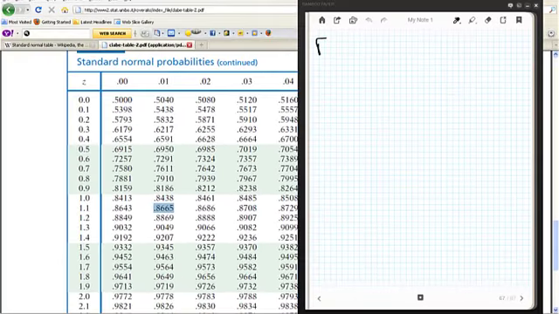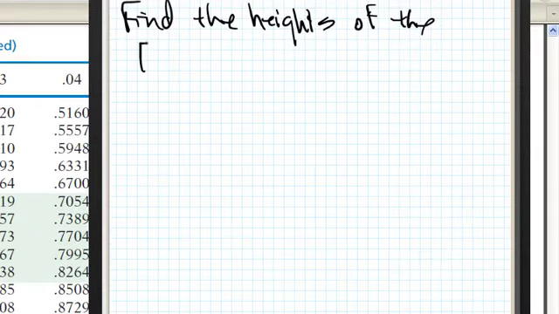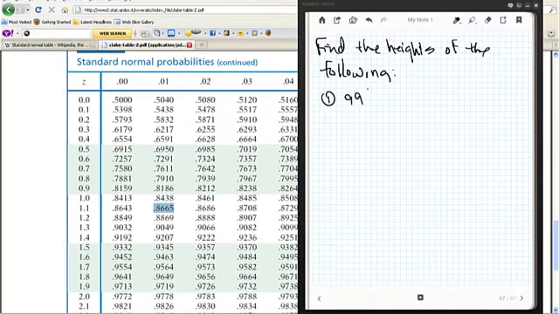Let's find the heights of the following. We'll go with women this time. One, let's go with the 99th percentile for women.